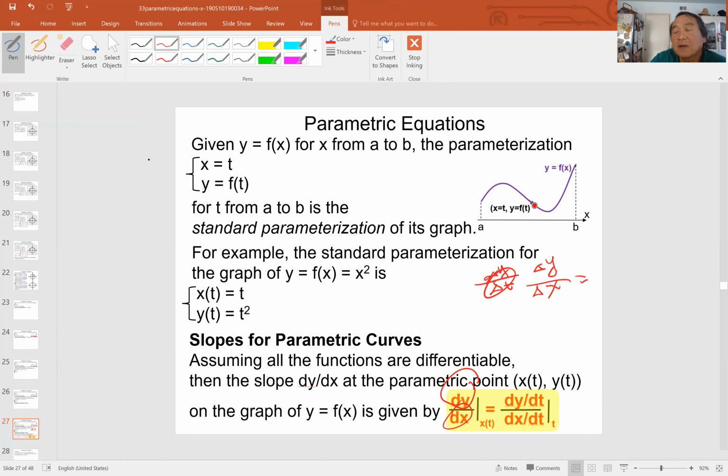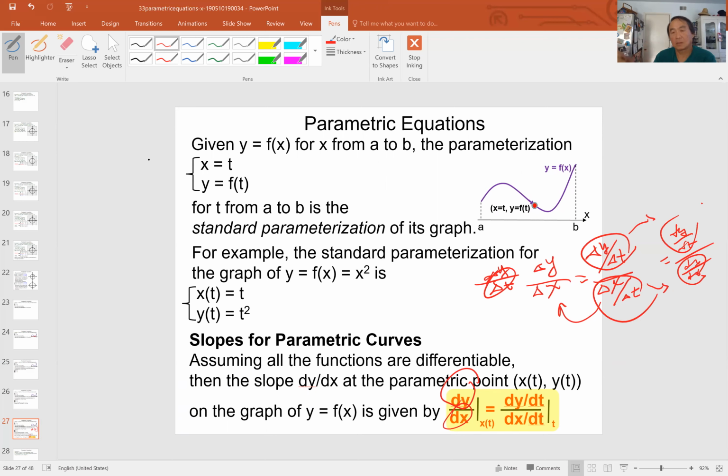If there's an intermediate variable t, then y changes by t, and x changes according to t. Suppose these are all very small positive numbers, then I can just flip it over. They each get closer and closer to what we call dy/dt divided by dx/dt. So individually, that's what we are calculating. So we got this formula.